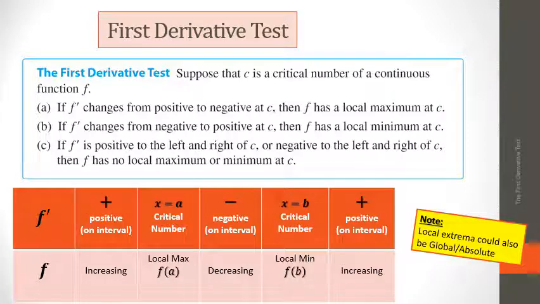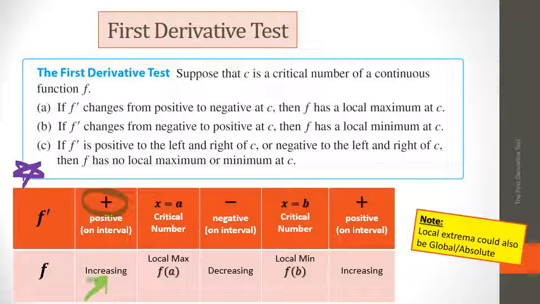This slide is a summary of what we've already talked about, and there's something key that I want you to look at, and it's this chart down here. I made this chart for you because it's a great way to look at what we know and evaluate it. So when your derivative is positive, that means your original function is increasing.